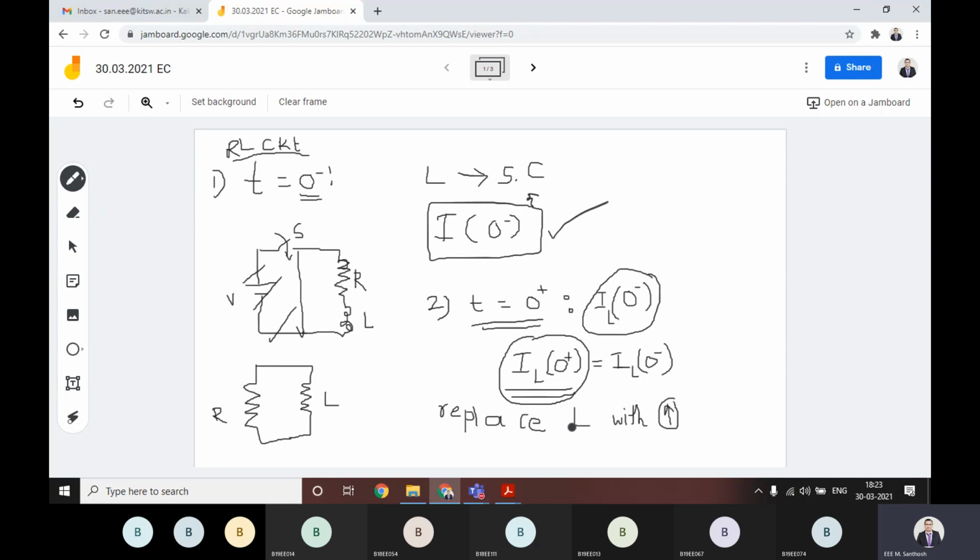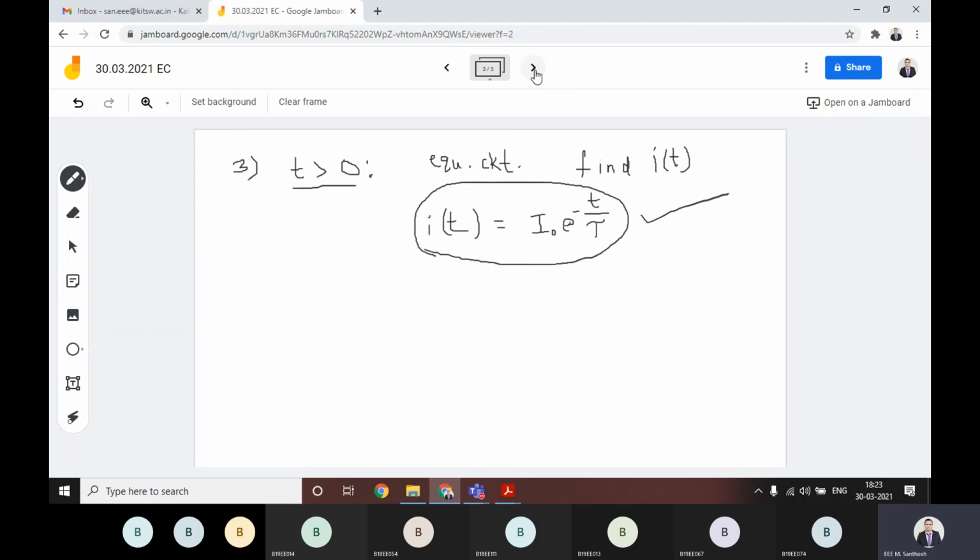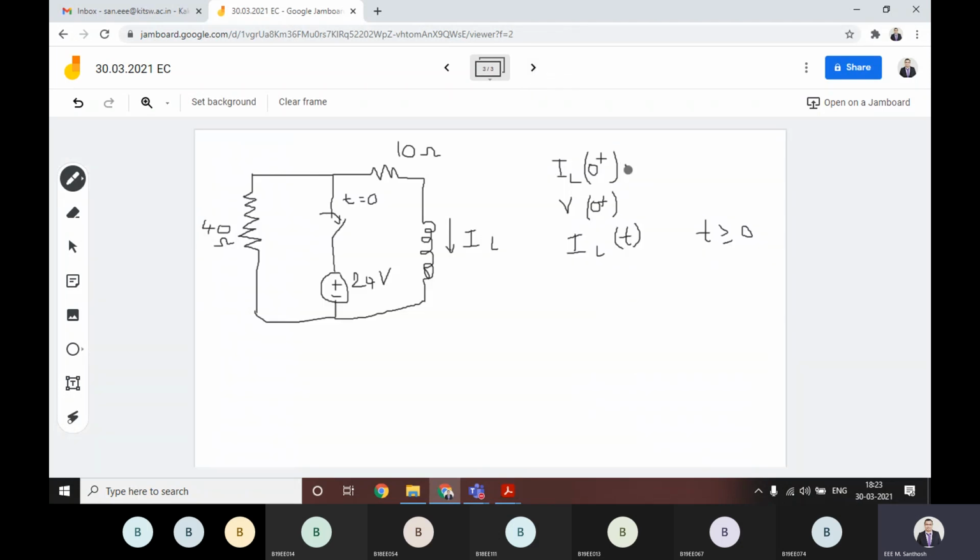Because whenever you are talking about t equals 0 plus, just after switching, inductor doesn't allow sudden changes in the current. For that reason, whatever current value you have calculated across the inductor, that same value appears just after switching. That same current you have to calculate. Okay, try to do that.